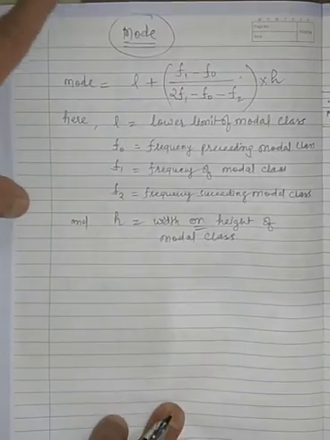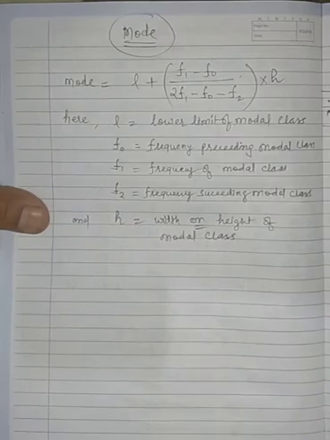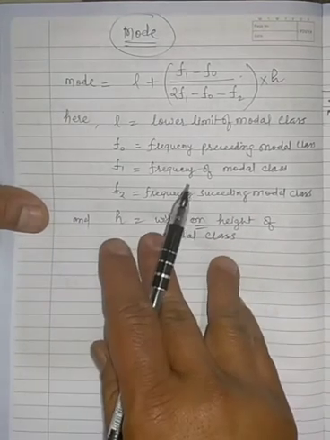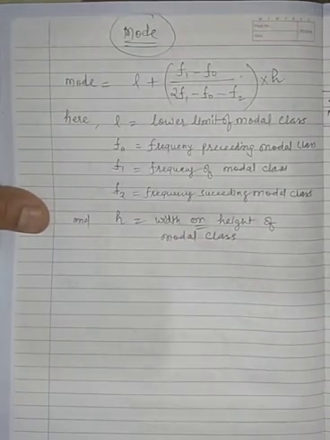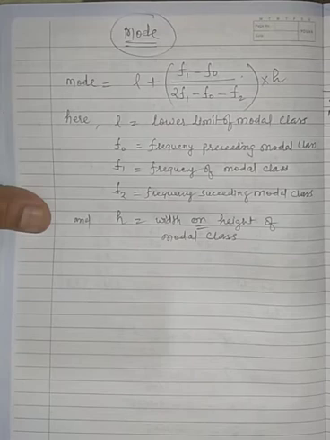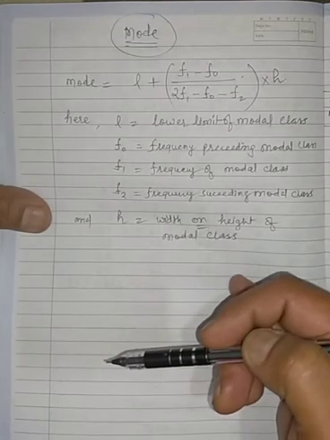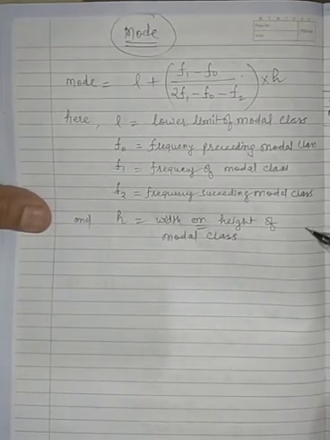Now, what is here the modal class? When we see the data given in any question, we observe the highest frequency of those data. So the frequency which is highest, the class interval in front of that is called the modal class. This I will explain you with an example.